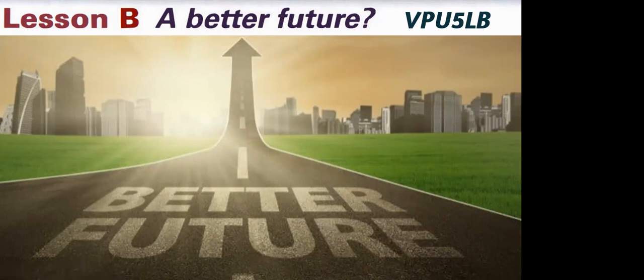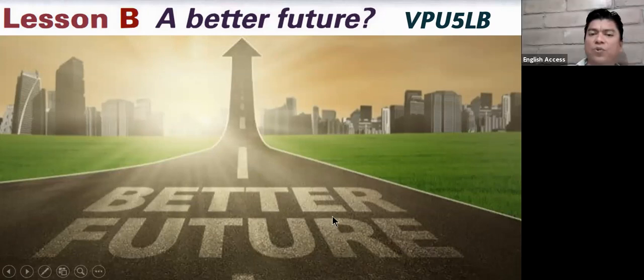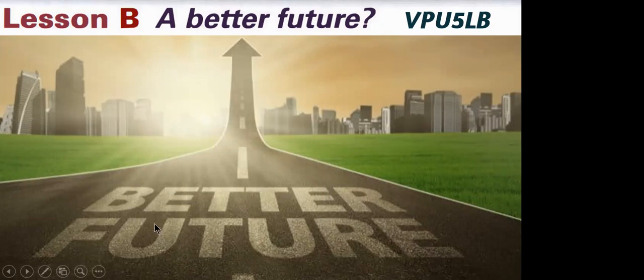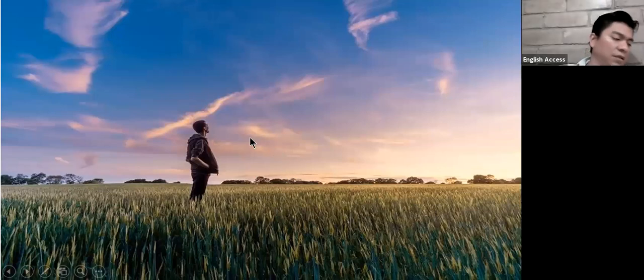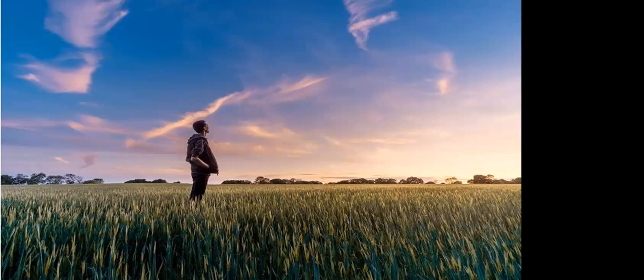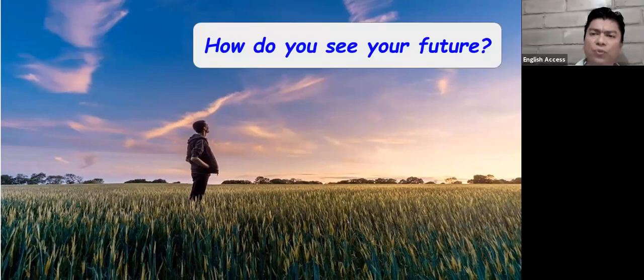It's a long street. Yes, a street. Can you read this? Better future. Yes. What do you see on the screen? A man admiring the sky. How do you see your future?